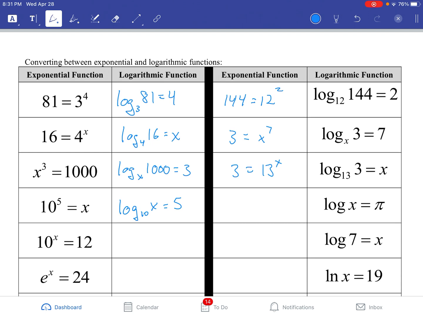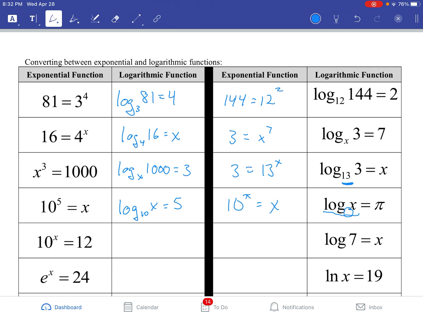For all the problems we've had so far up until this one, we've always been given a base. Well, if there's no base, it's automatically assumed it's a 10, much like when we did square roots. A square root has a 2 there, we just don't write it. So if a log does not have a base, it's automatically going to be 10. So we would have 10 to the pi power equals x.